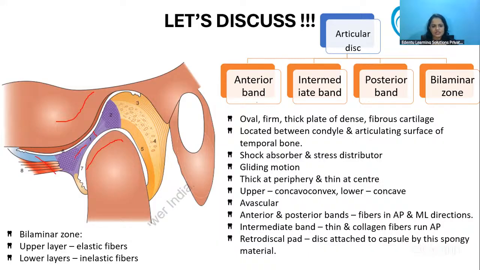There is also a retrodiscal pad, by which the disc is attached to the capsule, and the bilaminar zone. Just understand that the articular disc is made up of fibrous cartilage.